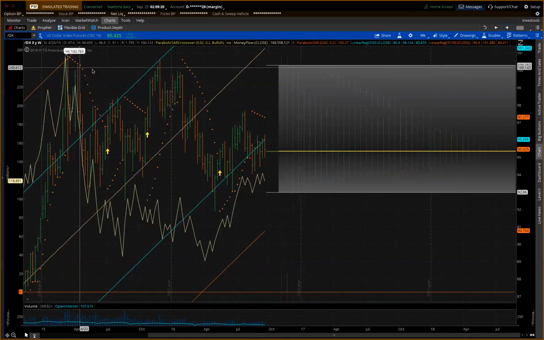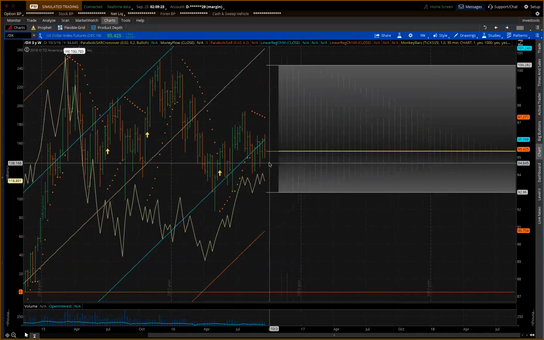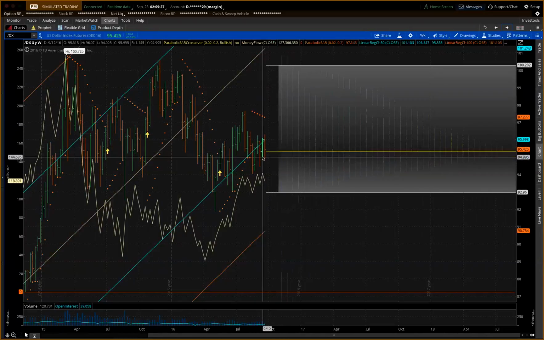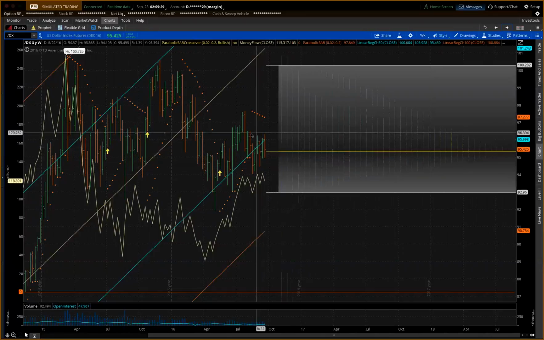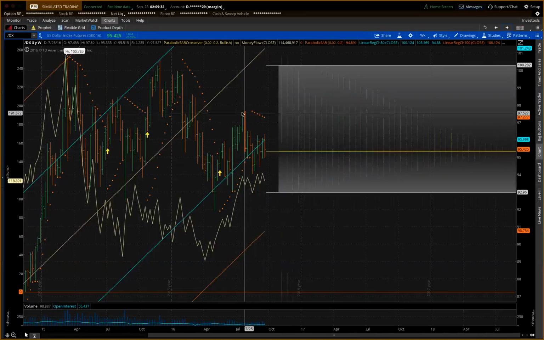I suppose you could look at this as a head and shoulders. I think it's a pause before trading higher. Narrow range.